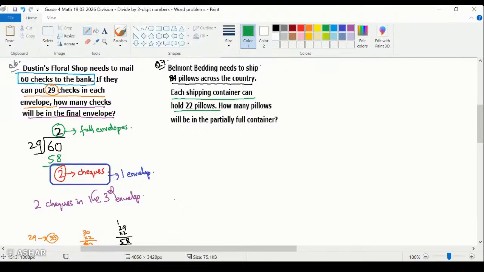How many pillows will be there in the partially full container? That means 84 needs to be divided by 22 to find the number of containers, right?